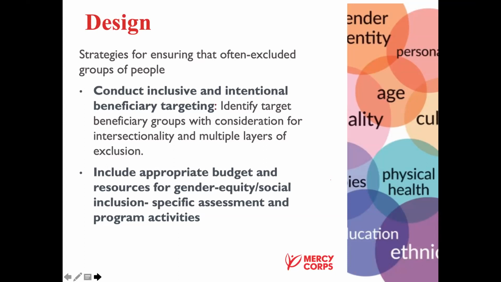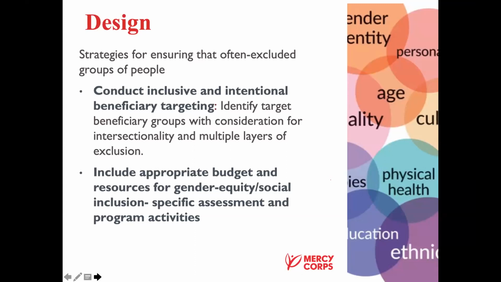That would need another session for us to understand that even when you are a male or a female, there are other multiple layers of exclusion, depending on where you are or your experiences, that can further exclude you. So the importance of understanding the intersectionality of exclusion.